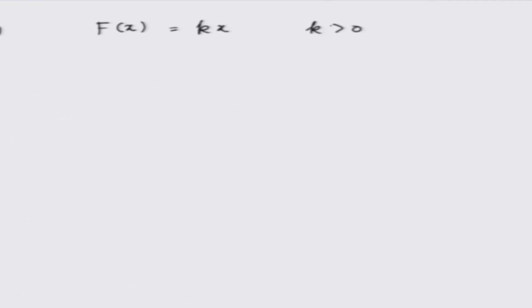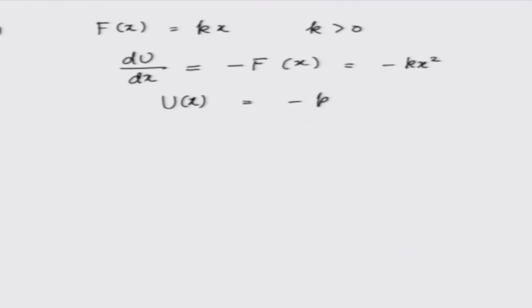So, let us pick up from here and look at case number 1, where Fx is Kx, k is greater than 0. From the definition of the potential energy, the derivative of the potential energy is minus Fx, and in this case this is going to be minus Kx, and therefore Ux is going to be minus Kx square by 2 plus some constant c.